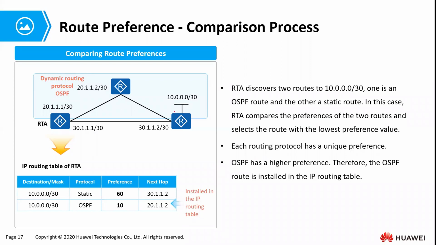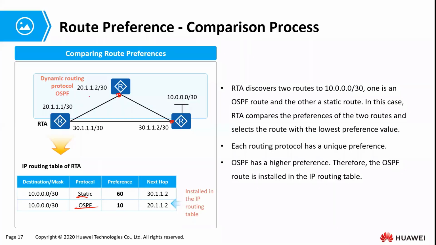Now, what if both routes were actually having the same preference? Maybe there was no OSPF. Some engineer came in and configured that in order to reach the 10.1, send to 30.1.1.2. And again configured in order to reach the 10.1, send to 20.1.1.2. What happens?